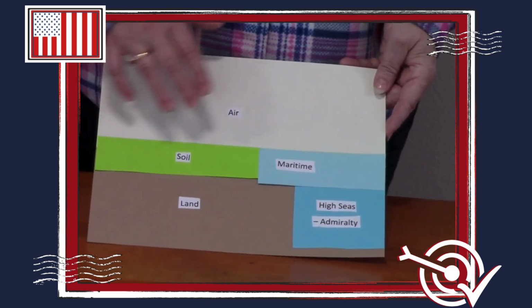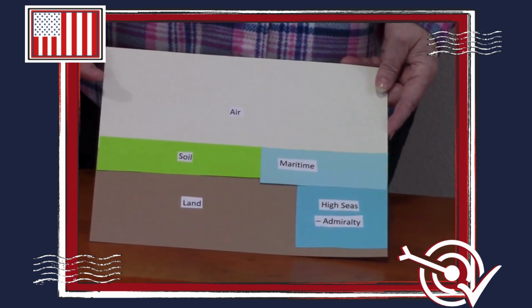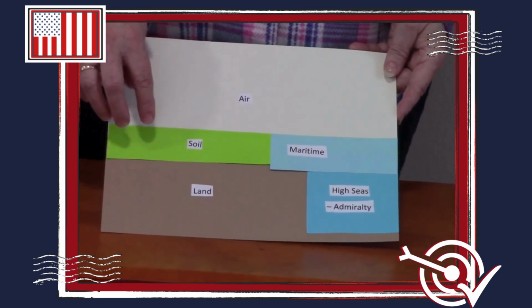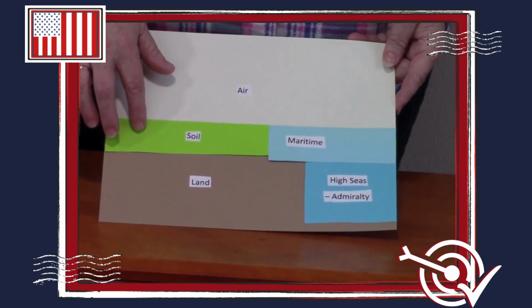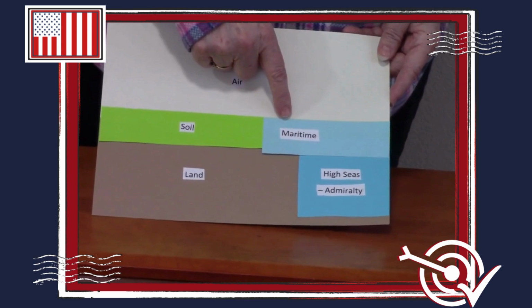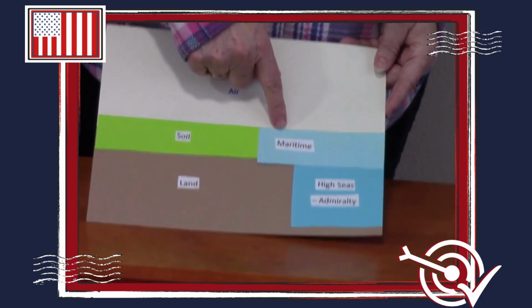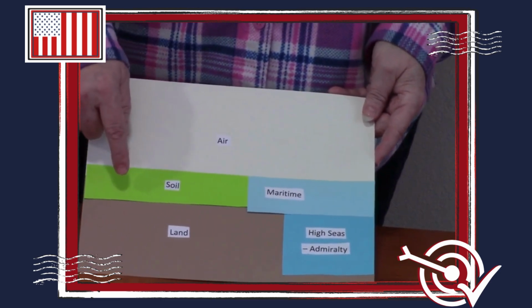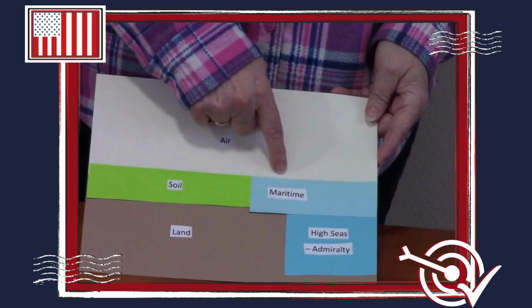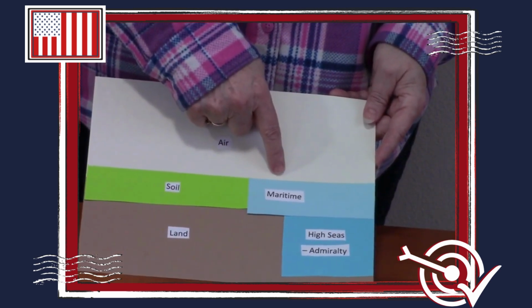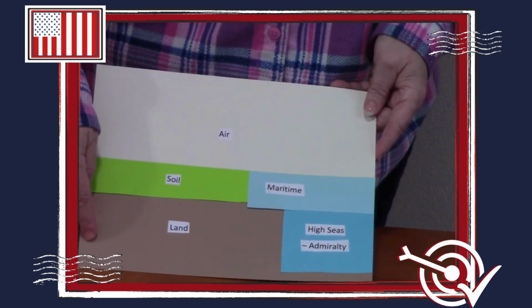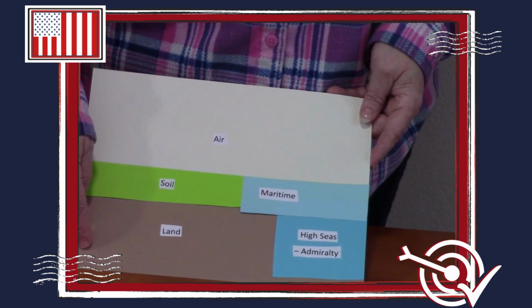Then we have the surface. The surface of the earth is either covered by the soil or by the sea or some form of water, right? So you have the soil and the maritime jurisdiction. Underlying everything is the land.